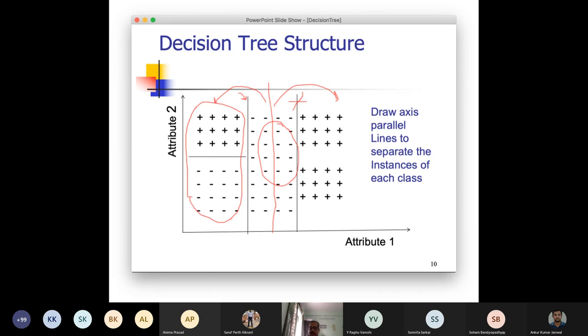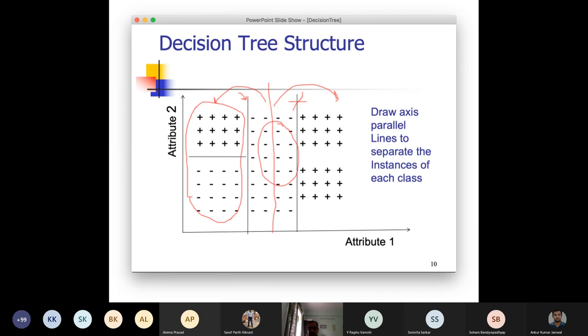But anyway, that tree will still be consistent with respect to these levels. But your algorithm should be such that your tree depth is also kept small. Optimally, as an optimization problem, I would like to derive a smallest depth decision tree, but that's an NP-hard problem.